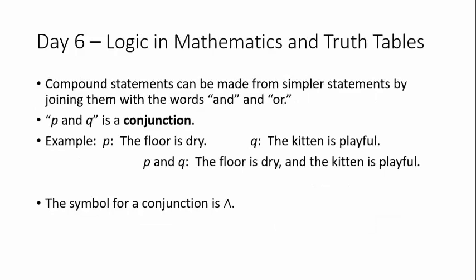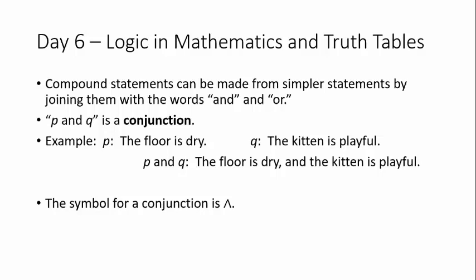We can combine statements. Compound statements can be made from simpler statements by joining them with words and or. When we use and, such as P and Q, we've formed a conjunction. And here's an example. Let's let statement P be, the floor is dry.